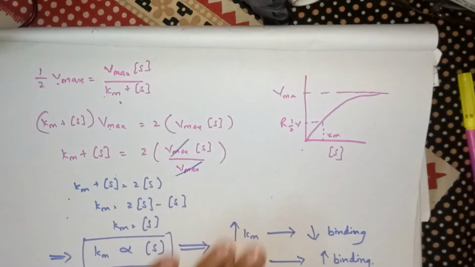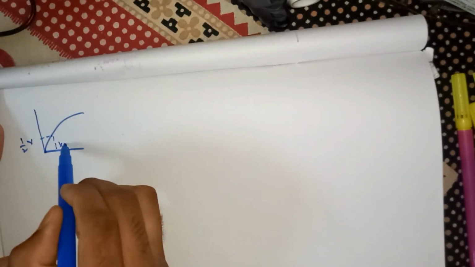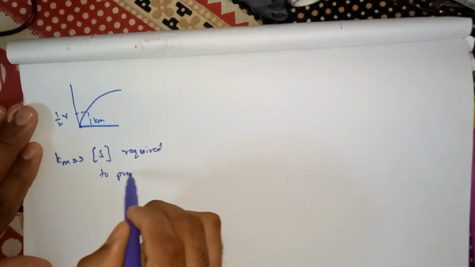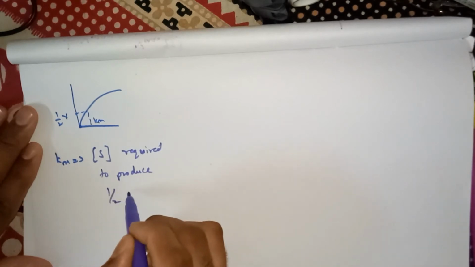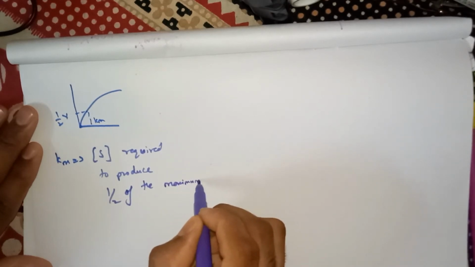So as per the graph we can define Km as the concentration of substrate required to produce half of the maximum velocity of enzyme catalyzed reaction.